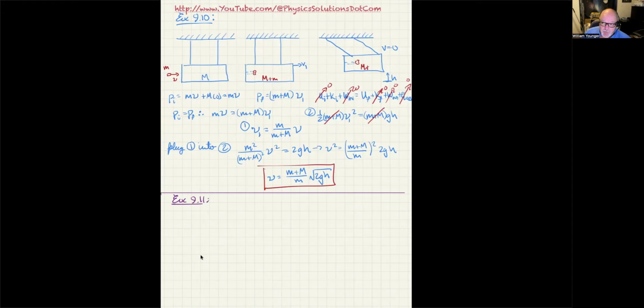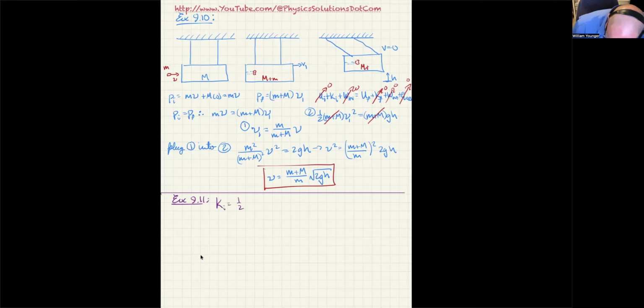What we found when we solved that problem was that initially the 10,000 kilogram train car was going 8 meters per second, and it ran into another 10,000 kilogram train car that was sitting at rest. That resulted in a 20,000 kilogram coupled pair of cars that are now moving at 4 meters per second. So I can calculate the initial kinetic energy as one half.